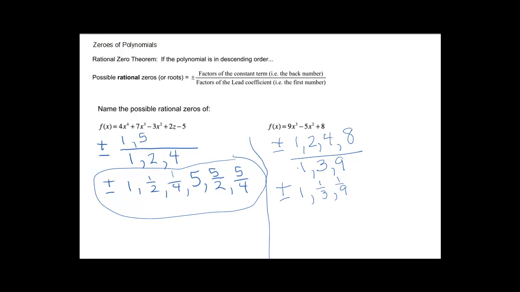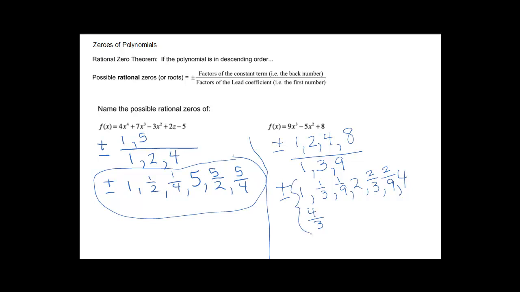and then we have 2 over everything. So 2 over 1 is 2, 2/3, 2/9, and then we have 4 over everything. So we have 4, and I'm going to continue down here. So I have 4 over 3.